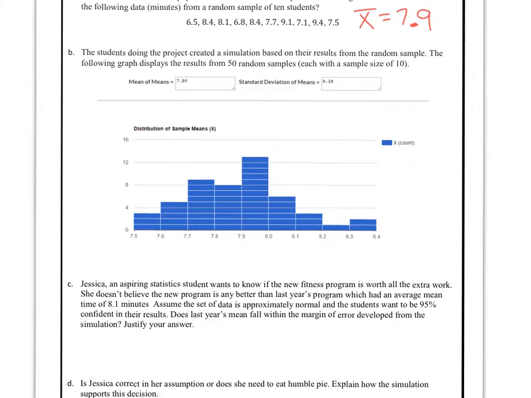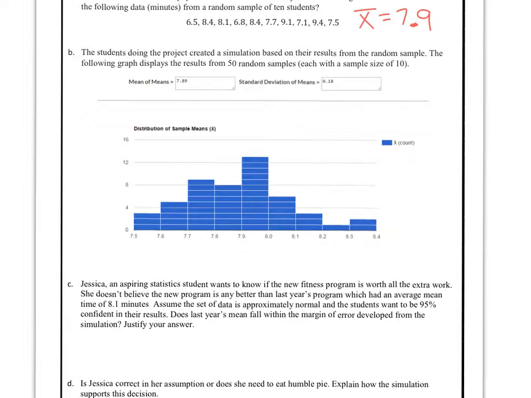So now we can use the normal curve. And they want to be 95% confident. That's extremely important because we know that to be 95% confident, we need to fall within 2 standard deviations of the mean. Well, it just so happens, coincidentally, that the mean of means and the standard deviation of them worked out to be right on our paper.